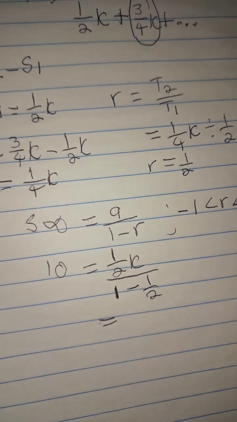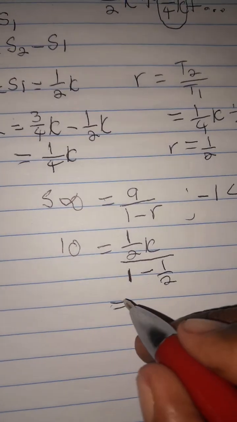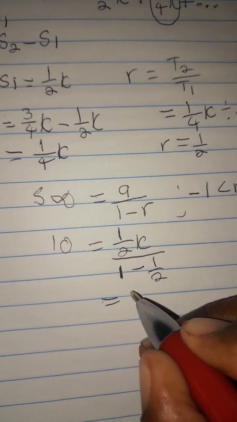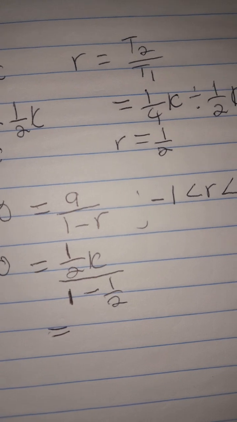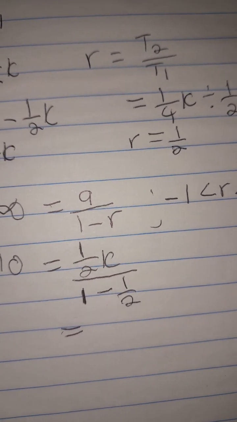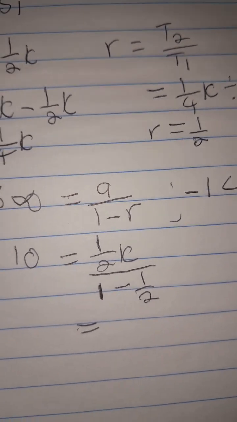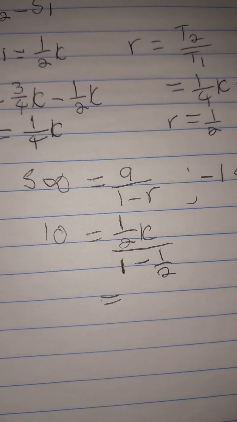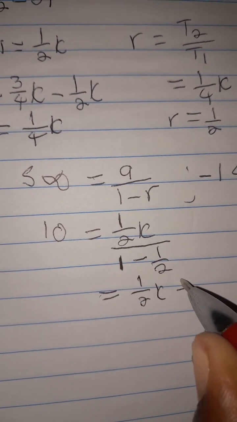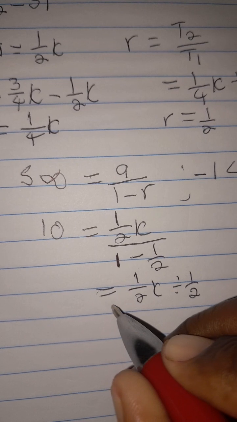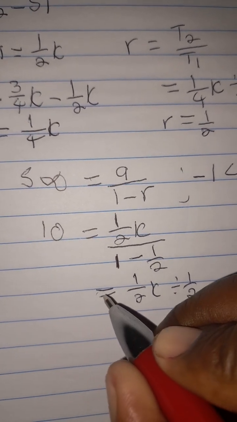Let's work it out. 1 minus half is half. Then we have half k divided by half equal to 10.